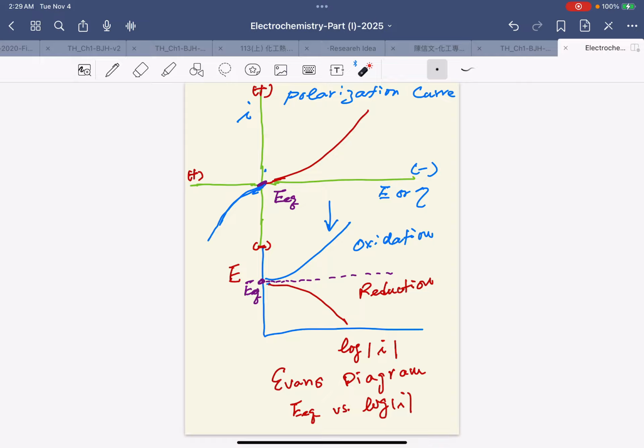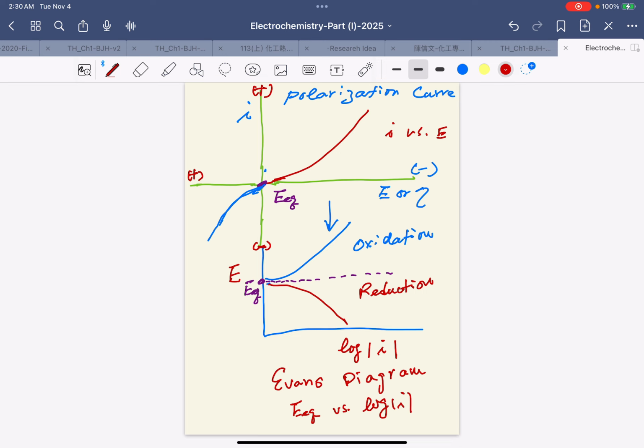So you get the current versus potential or overpotential. This we call the polarization curve. The main idea is you need to make sure your experimental condition can reach the steady state. Otherwise, the data we cannot call a polarization curve.